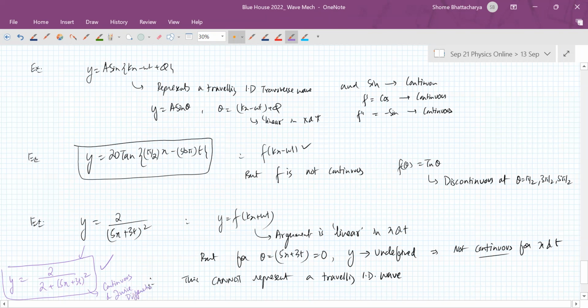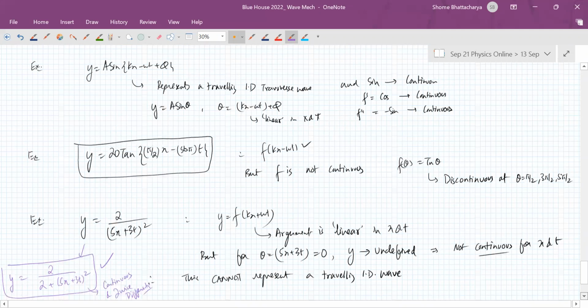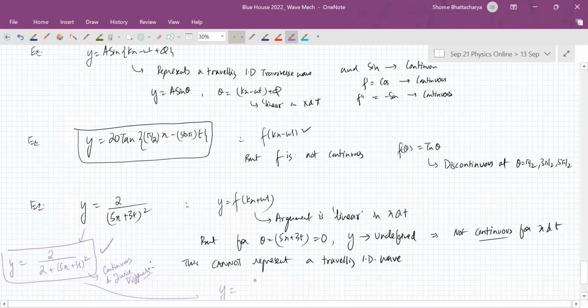It would be a very lengthy process to show it, but if you differentiate this function twice, both the first derivative and the second derivative will also be continuous. Because you can see that this function has now become of the type this, okay, where theta is 5x plus 3t. So it is kx plus omega t.